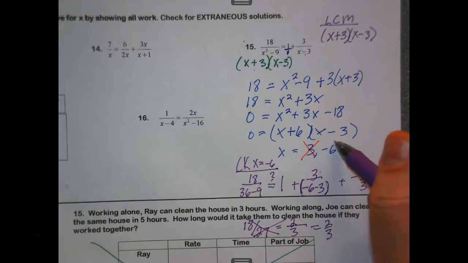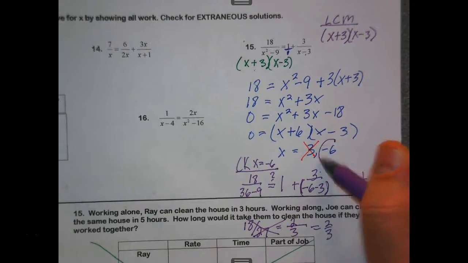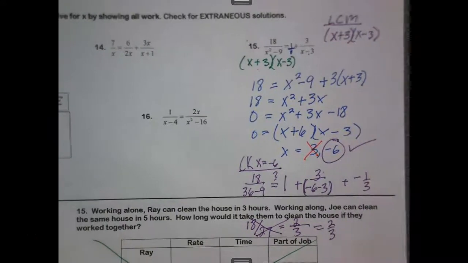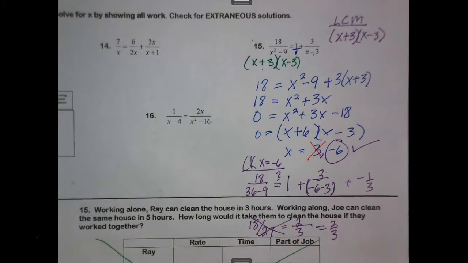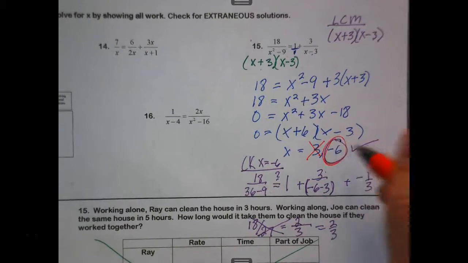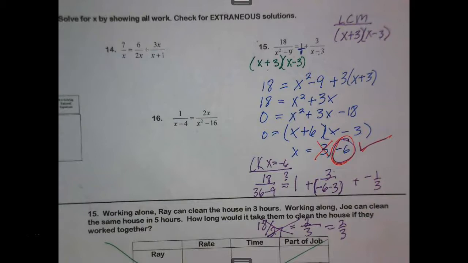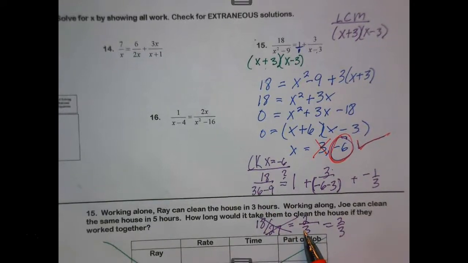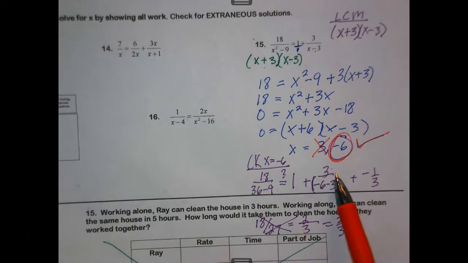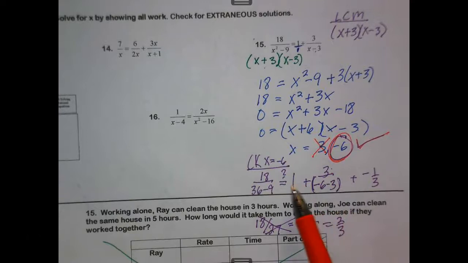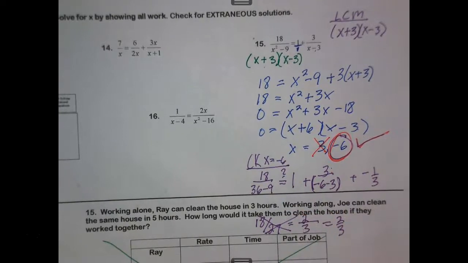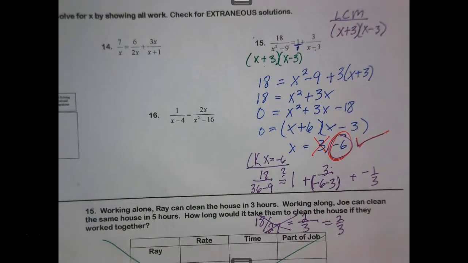So negative 6 works. This reduces to 2/3. Okay, this is negative 1/3 plus 1 is 2/3. No, it's a positive 1.